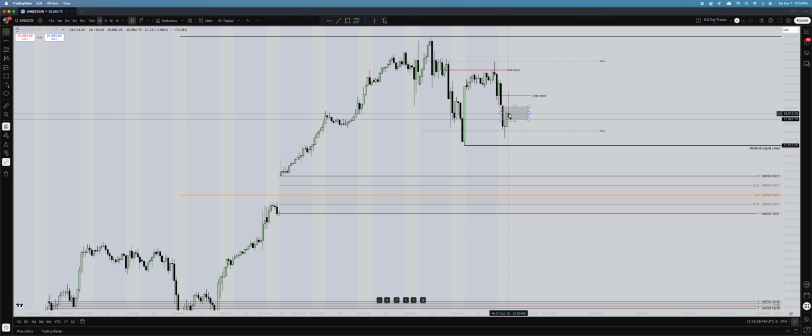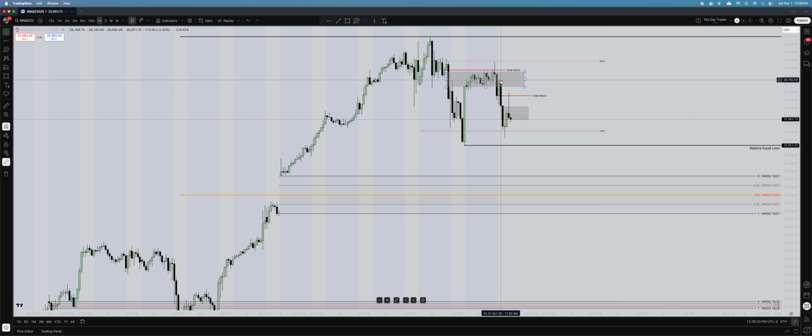Right at equilibrium. This whole wick came all the way up, tapped that bearish order block, and came all the way back down and stopped right at equilibrium, 50% of this SIBI. Okay? This one right here. We repriced this entire thing, consolidated in it, came up, took out liquidity, bodies stay inside of the inefficiency, and then we sell off.